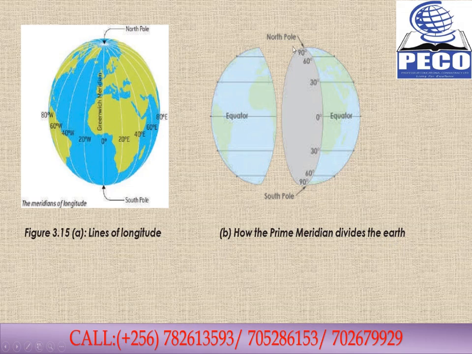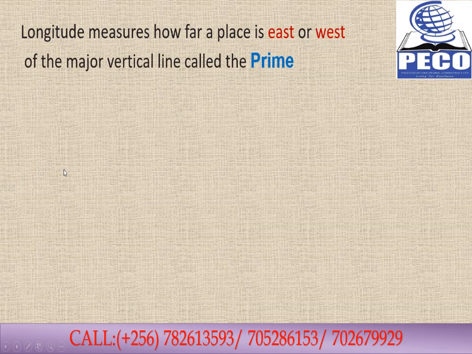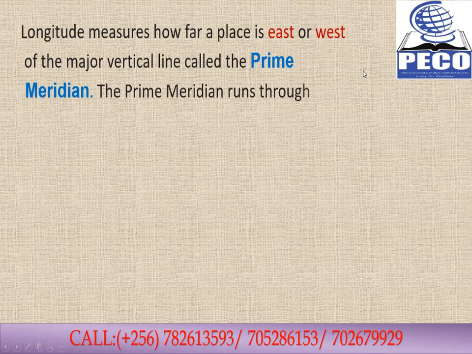Into two parts, the western part and the eastern part. Longitudes measure how far a place is east or west of the major vertical line, which is called the prime meridian, or what we call the Greenwich meridian.